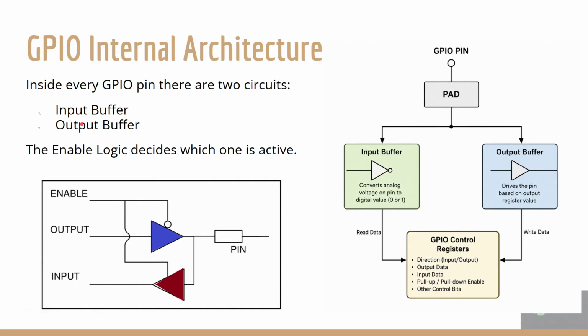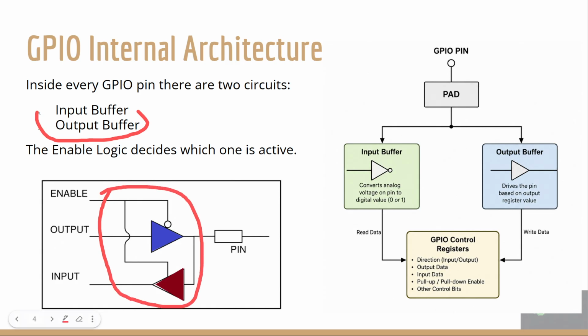So we got some idea about what is GPIO. It is configurable, we can configure it according to our use case. Then how does the GPIO on a single pin act as input as well as output? Inside the particular pin we have 2 buffers and 1 enable line.